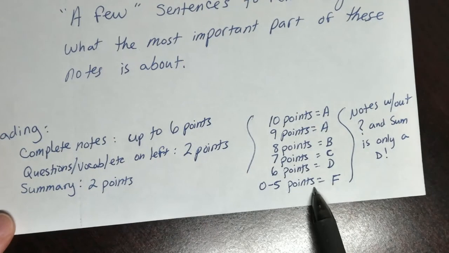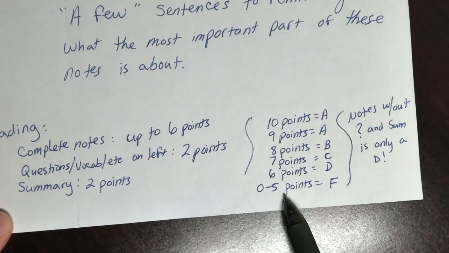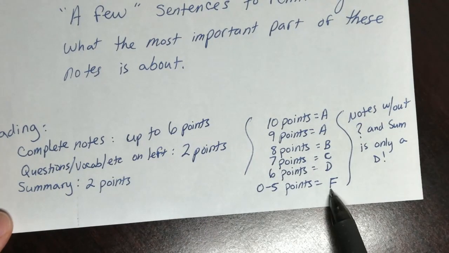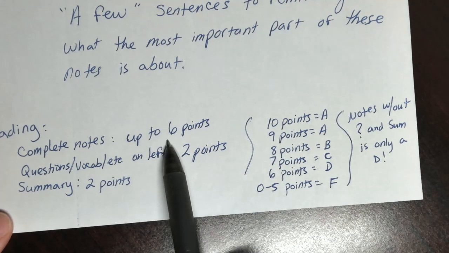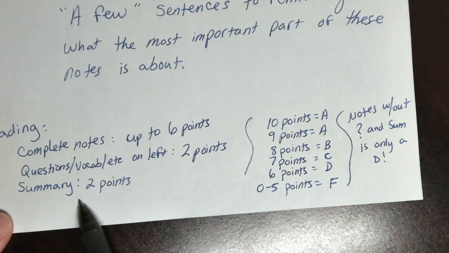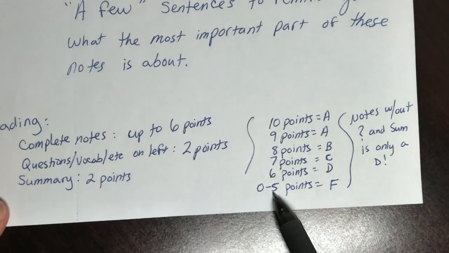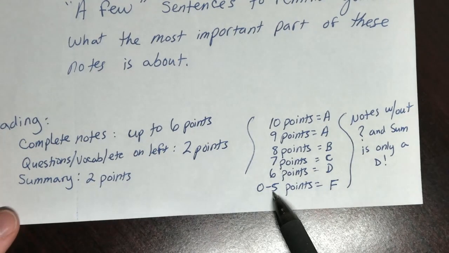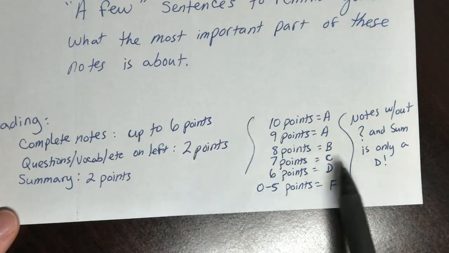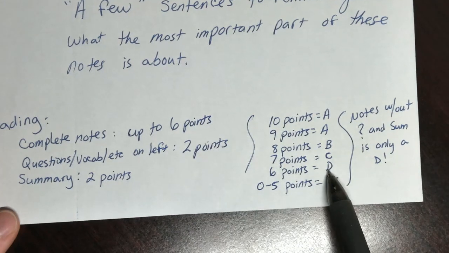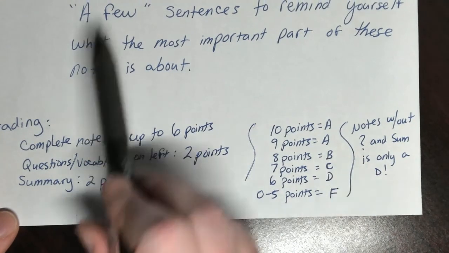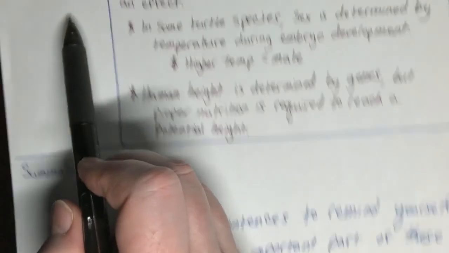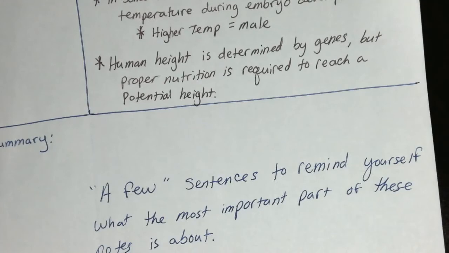Here's the grading breakdown. If you earn 0 to 5 points, that is an F. That would be you take some of the notes and they're not Cornell style. That's going to be your only way you can get less than 6 points. If you at least take the notes, that is a D. If you copy my notes exactly the way I present them, with the notes in the main section, my questions over here on the left, you're going to get 8 points.